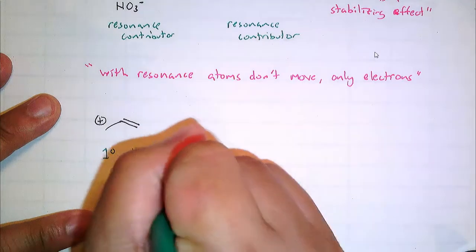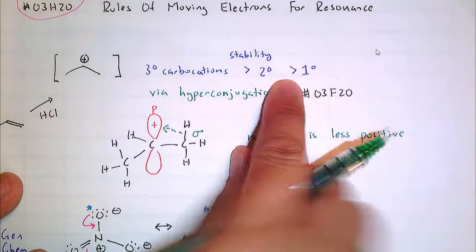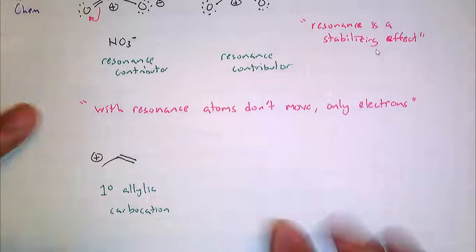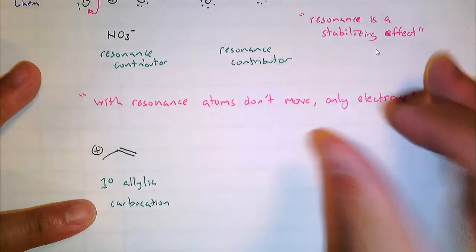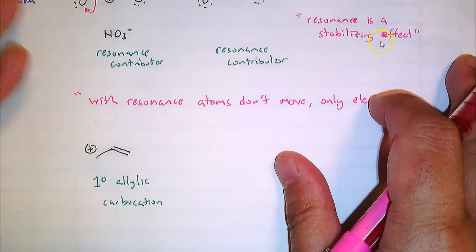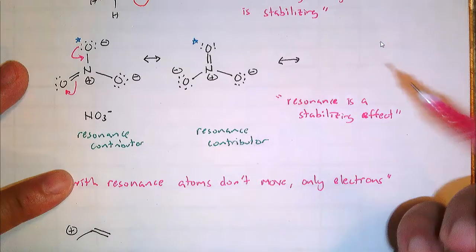Now, primary carbocations are typically considered not very stable. They're the least stable out of these three. But when you have it allylic, what could we do? We could draw a mechanism arrow to show a resonance structure. So understand my terminology.